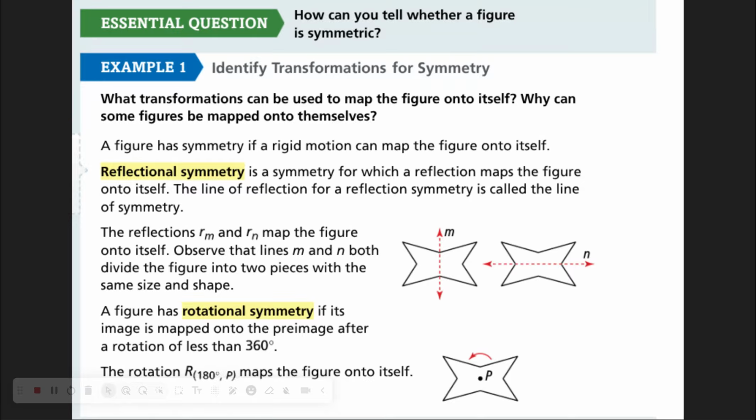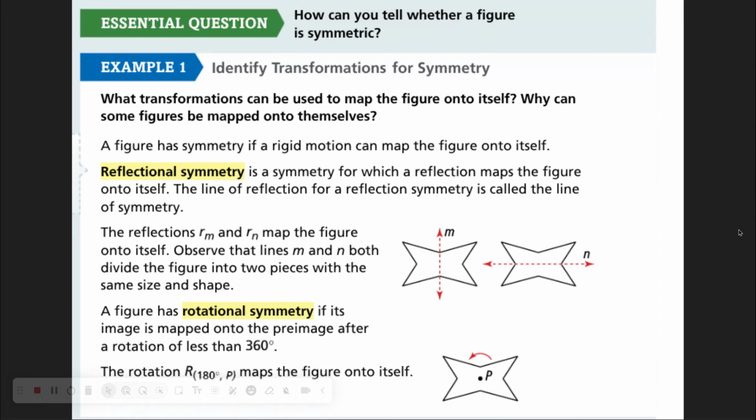I counted that right for them because I had never stated this fact, that in order for a shape to have rotational symmetry, it's got to be able to rotate less than 360 degrees. So notice, if I took this one right here and rotated 180 degrees, it would look just like this. So that does have rotational symmetry.